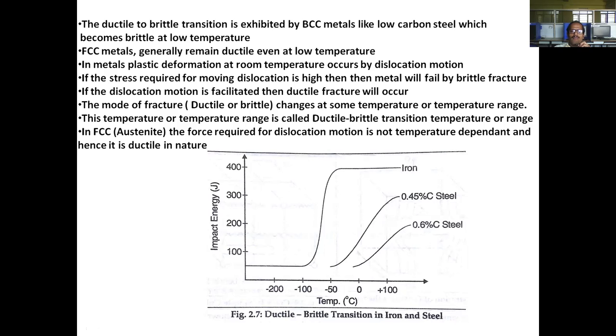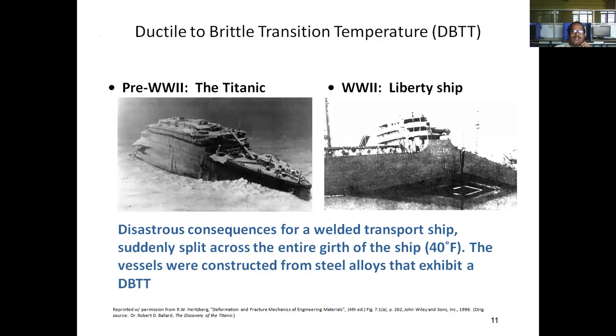So with the help of these plots, we can determine the operating range of a material: at what temperature the material becomes brittle and breaks like glass, and at what temperature it is safe. These are practical examples that happened in the past.